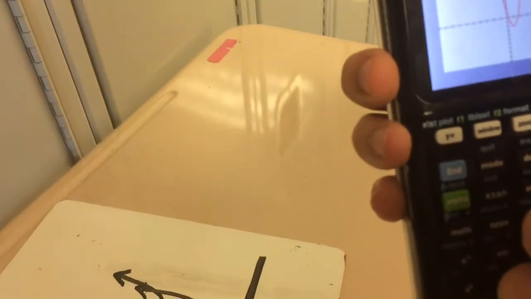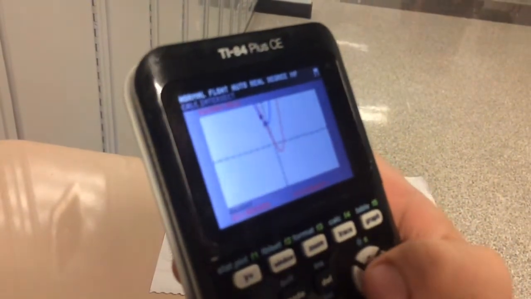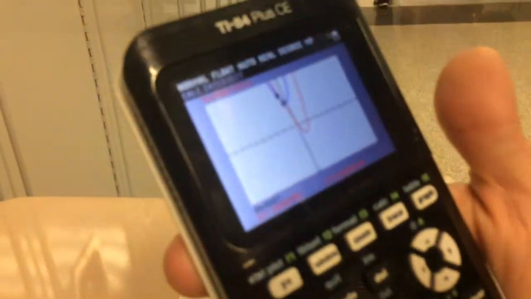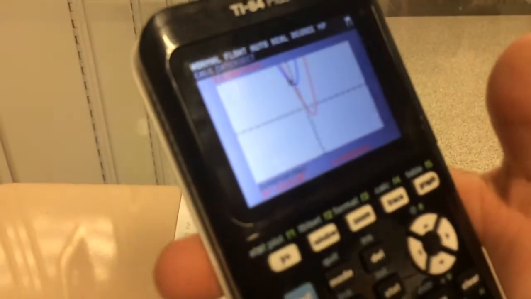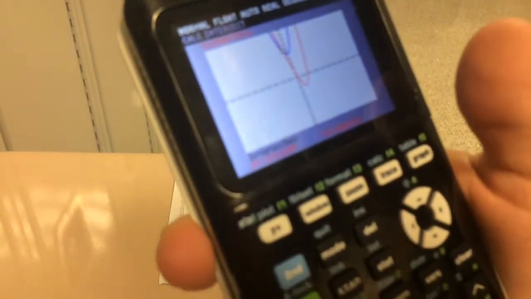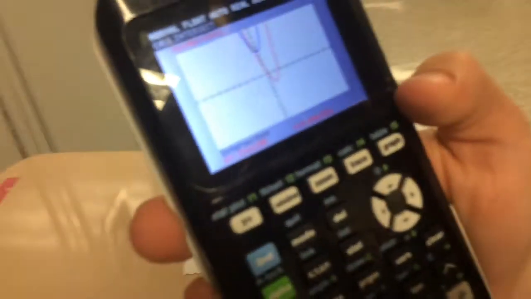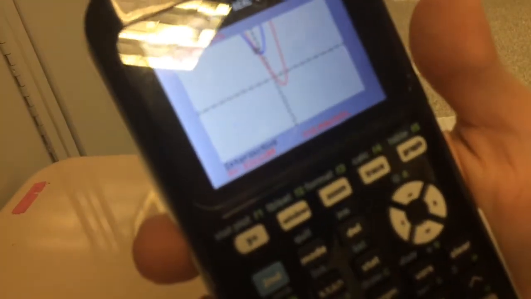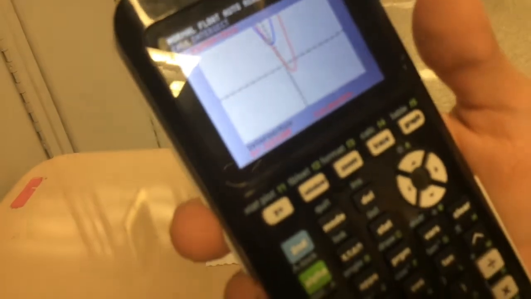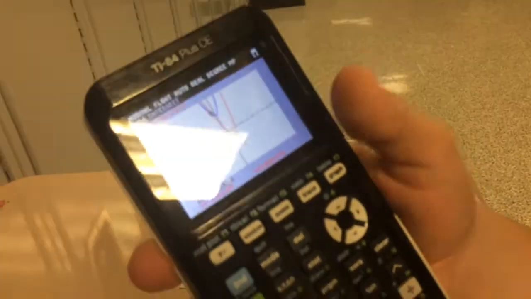So next we're going to go to second calc. We're going to find where they intersect, so you're going to click the intersect button. Just go around here on the first curve, around here on the second curve, and then it's just going to ask you to guess and just tap it again. And as you can see, you get the intersection of negative 0.53 and the y coordinate being 5.86.